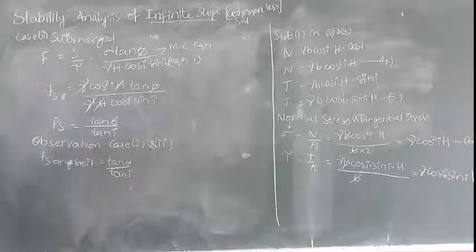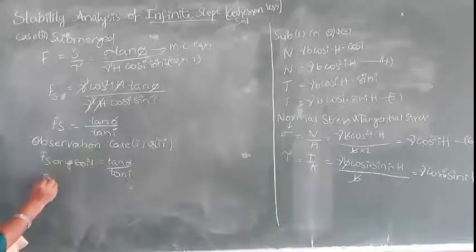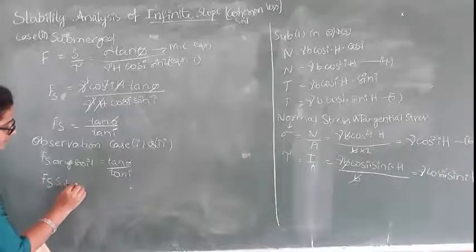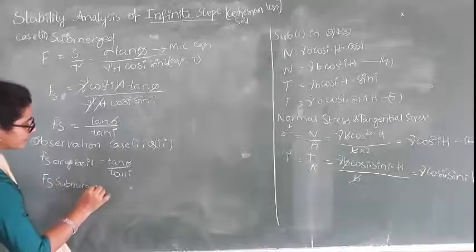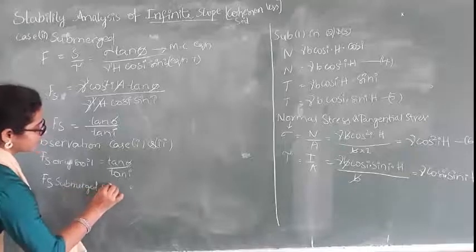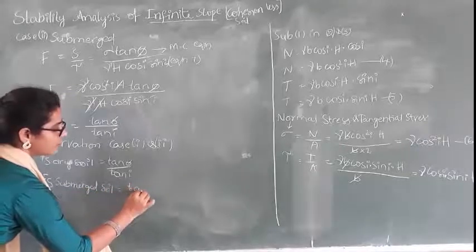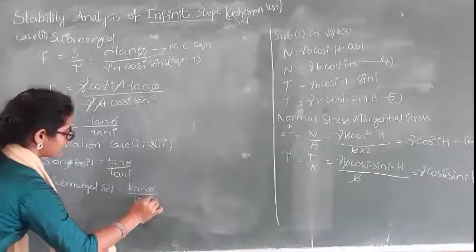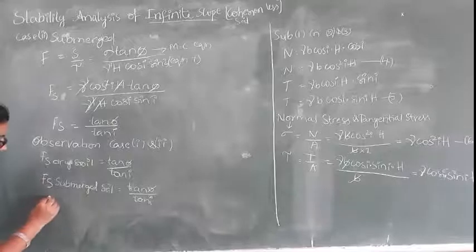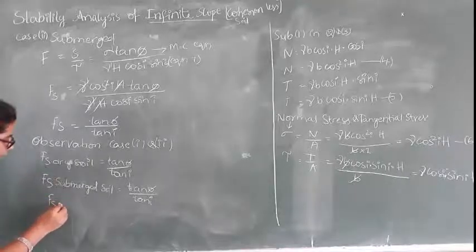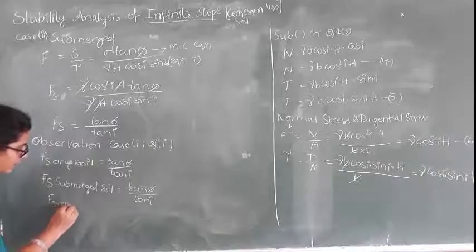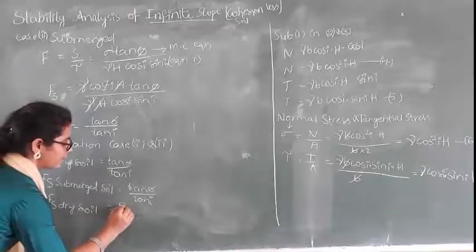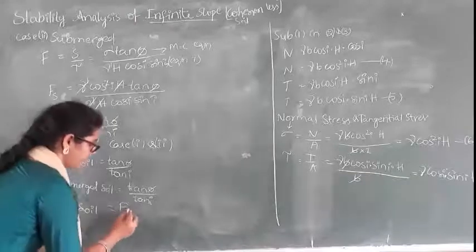So here also the factor of safety of submerged soil is equal to tan phi by tan i. So we can conclude that the factor of safety of case 1, that is dry soil, is equal to the factor of safety of submerged soil.